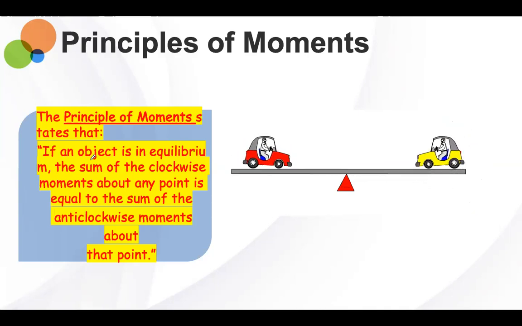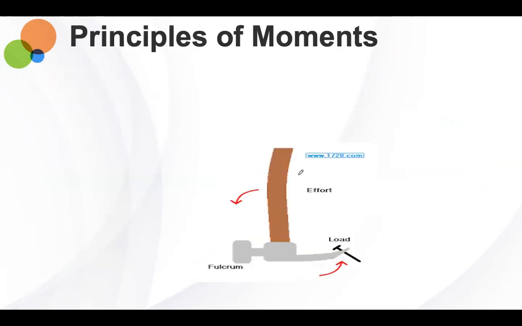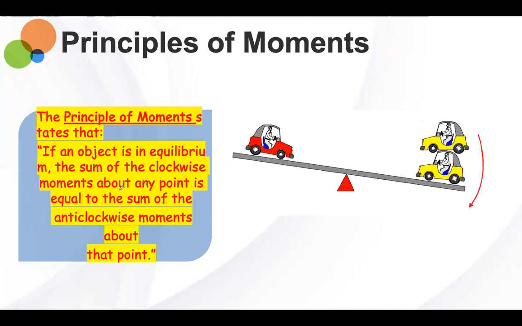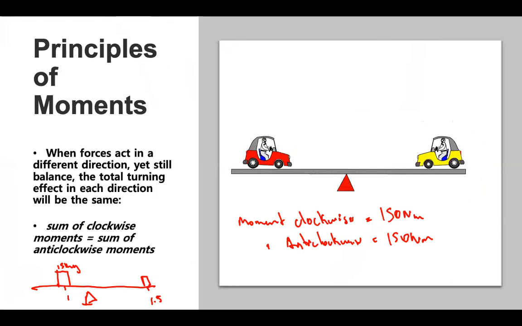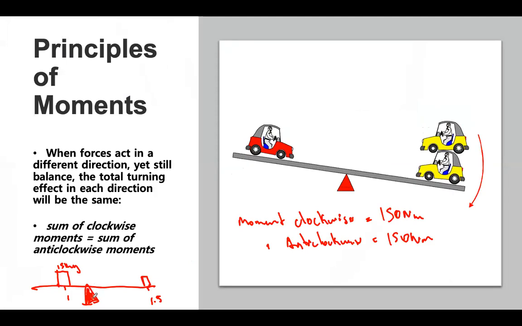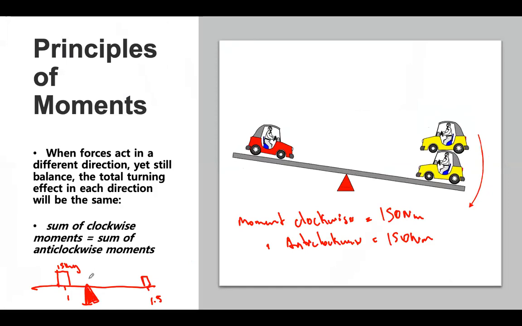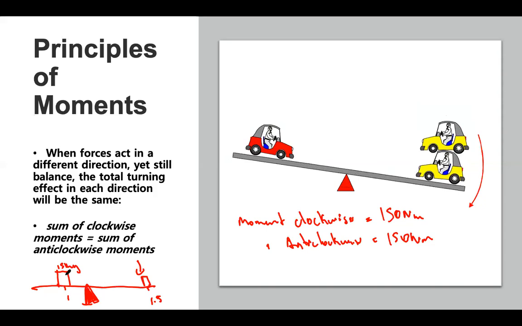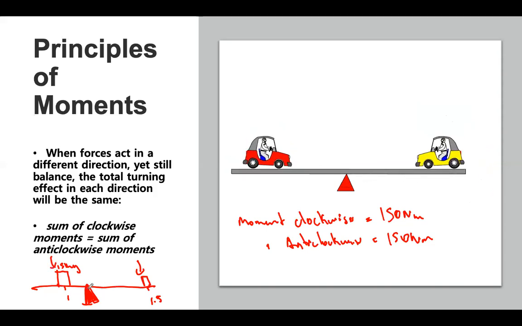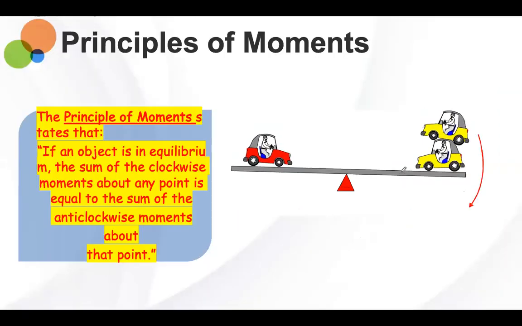And I think we can end class on this particular note. So we're all understanding this? If the object is in equilibrium, the sum of the clockwise moment and the anti-clockwise moment will both be equal. That's what we're trying to accomplish for this class.